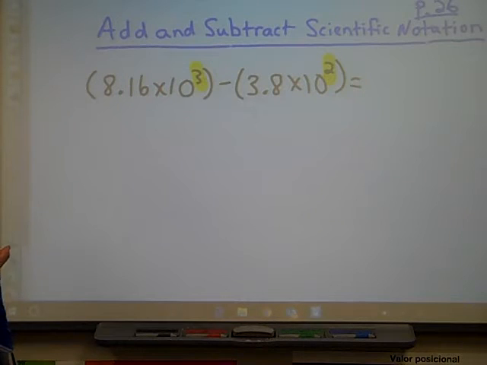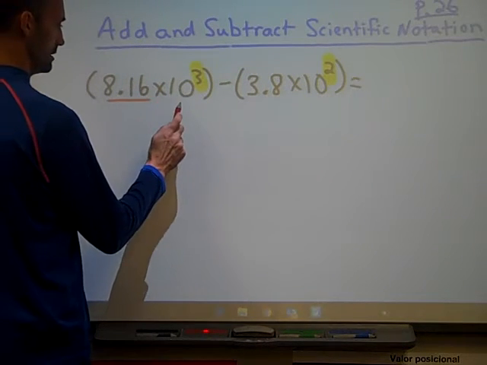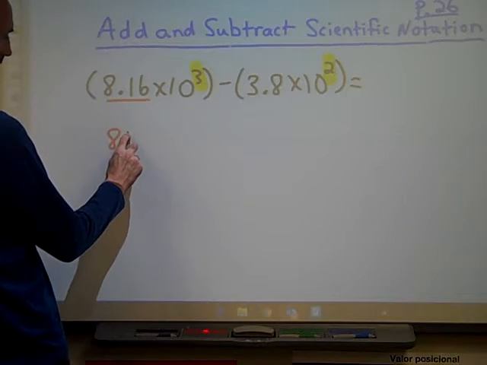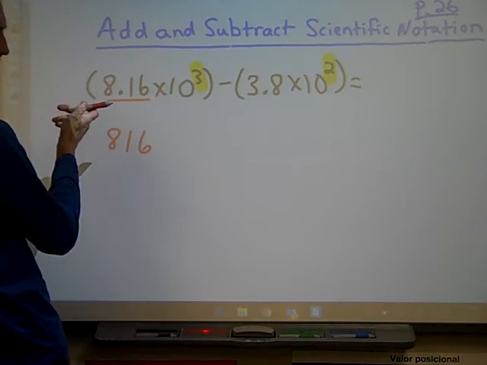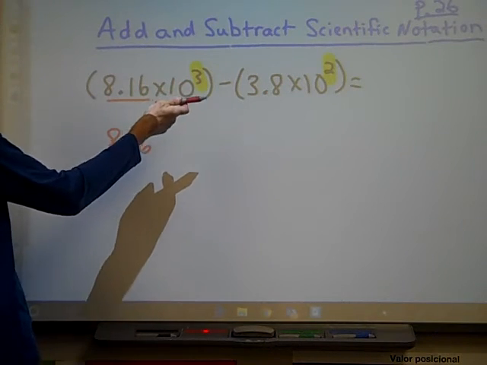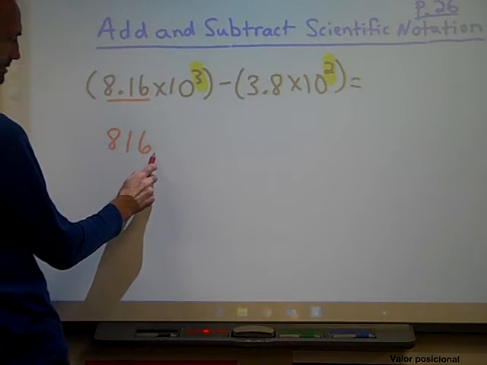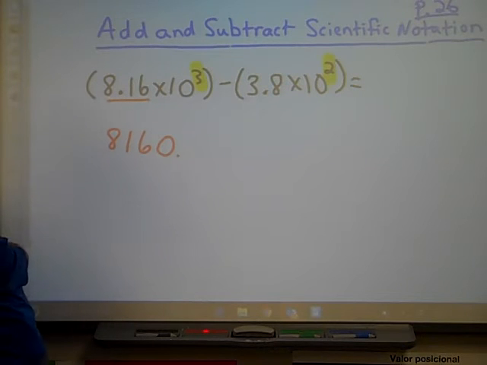Again, standard form, regular way of writing the numbers. So this one, I start with 8.16, positive 3, decimal is going to move 3 to the right. So it was here, 1, 2, 3, you can put a little decimal there to help you remember.